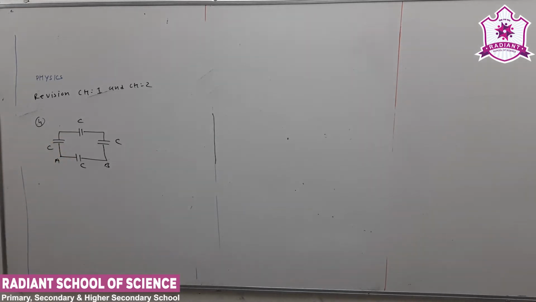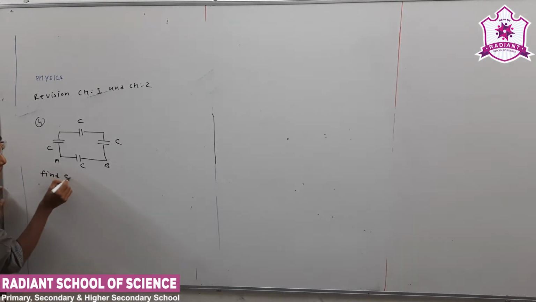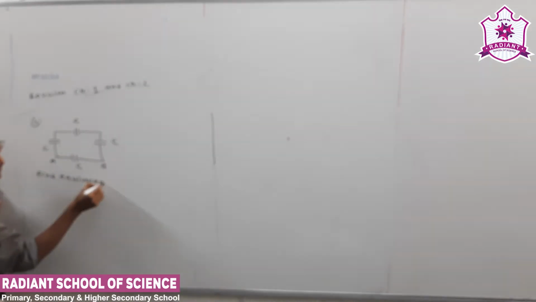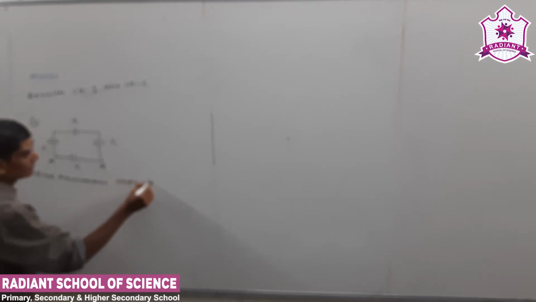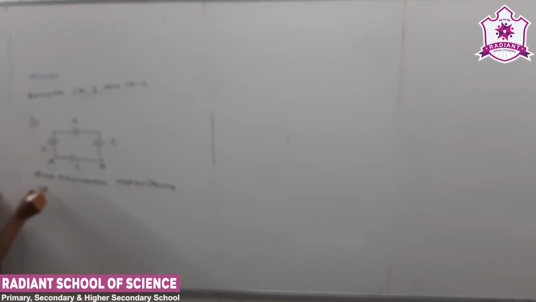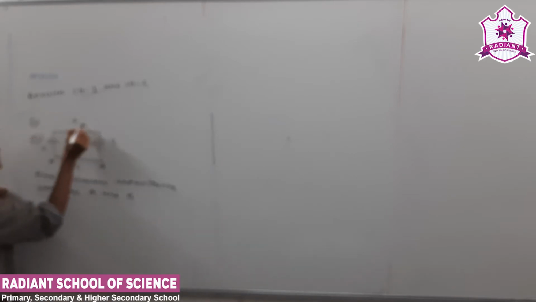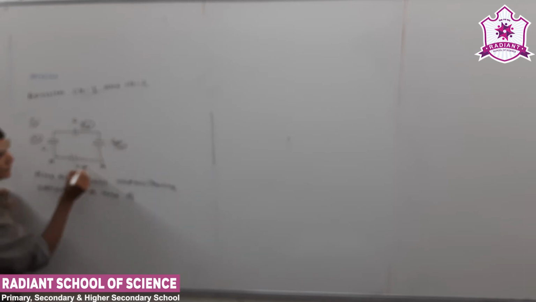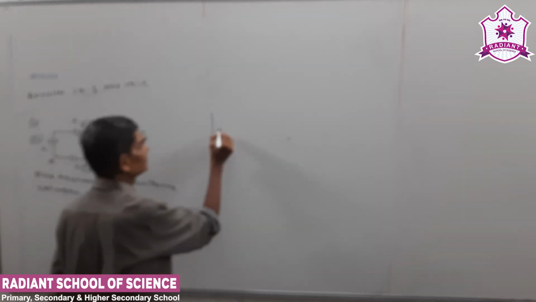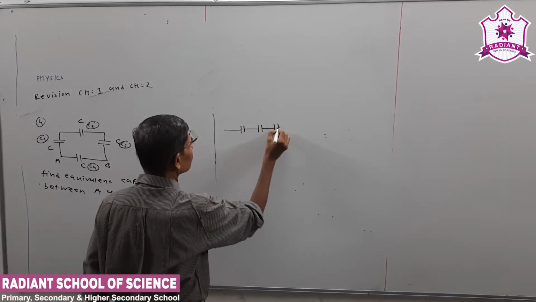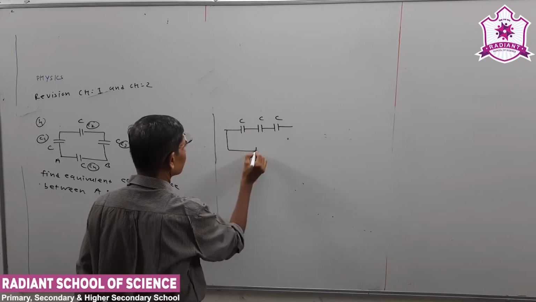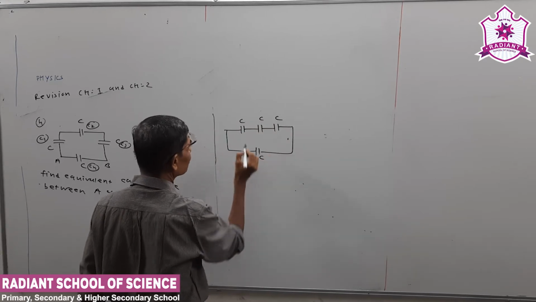We have to find the equivalent capacitance between A and B. Let us say C1, C2, C3 and C4. Now C1, C2, C3 will be considered in series. This C4 is C.